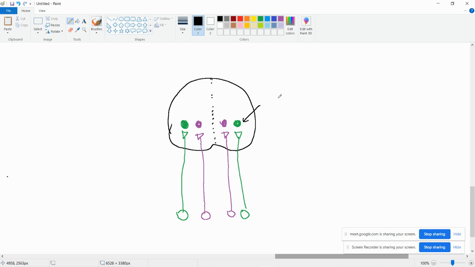So this is your cuneatus nuclei, and this is your fasciculus cuneatus.